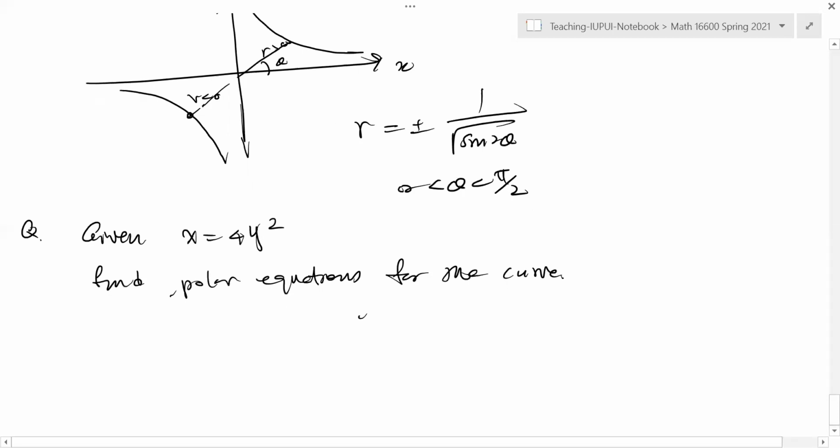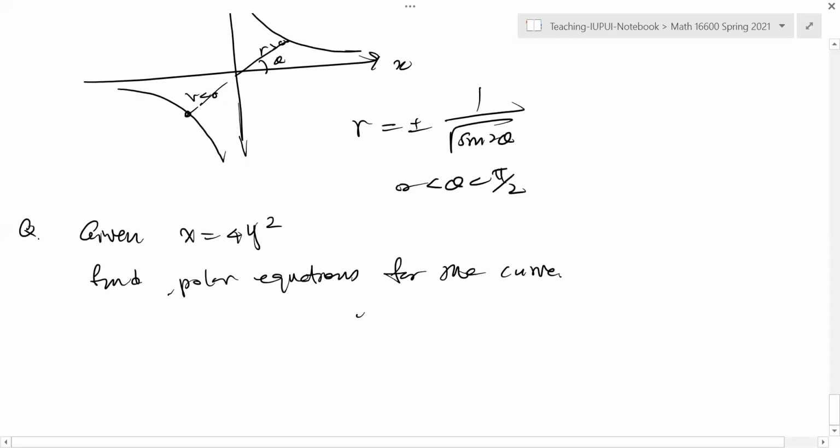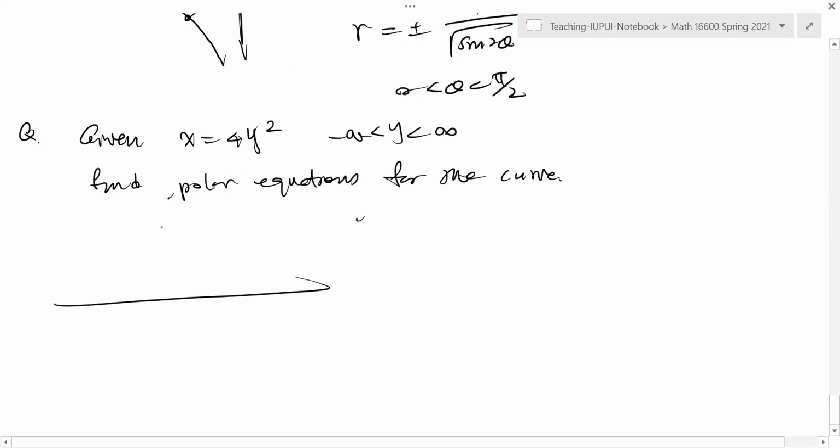And there's no restriction on x and y, but clearly y is between negative infinity and positive infinity, and x must be positive or 0. Okay. So this is a parabola that opens to the right-hand side. Clear, right? You know the picture.